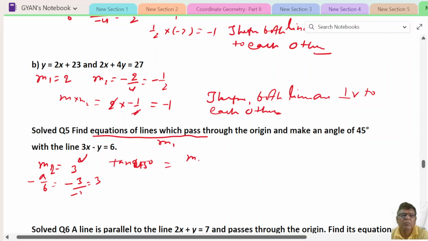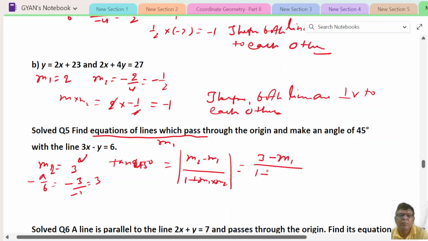So that is equal to m2 minus m1 over 1 plus m1 into m2. So it is equal to 3 minus m1 divided by 1 plus 3m1 is equal to tan 45 degree, that is equal to 1.